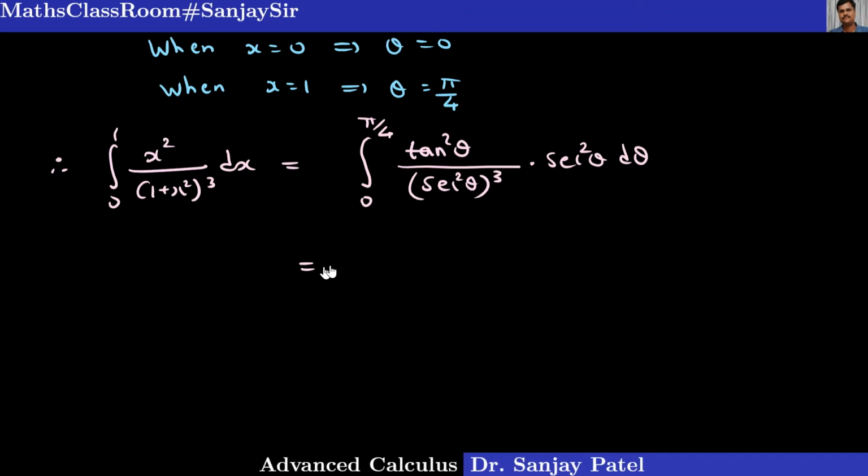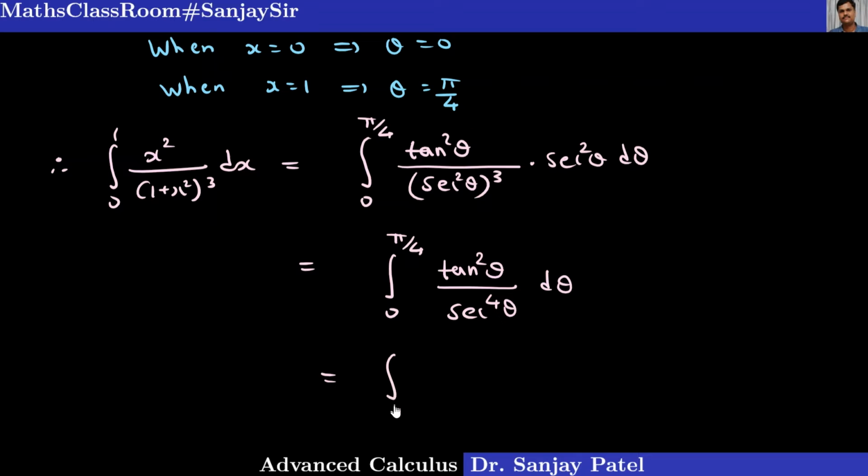So this is equal to integral 0 to pi by 4 tan square theta upon, this is sec raised to 6 and minus 2, so it is sec raised to 4 theta d theta.